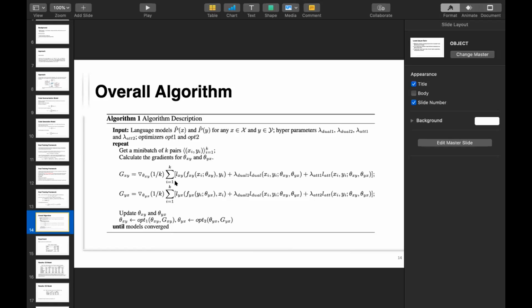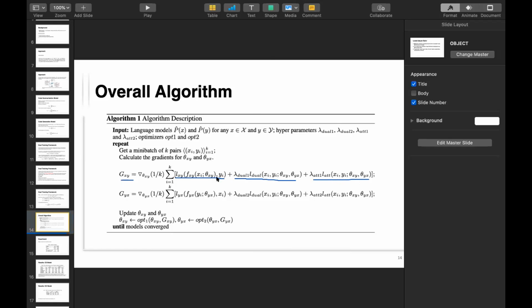So here the loss function, for example, xy represents the model of code summarization, and we have the normal loss term that we defined, and the first dual constraint and the second dual constraint.